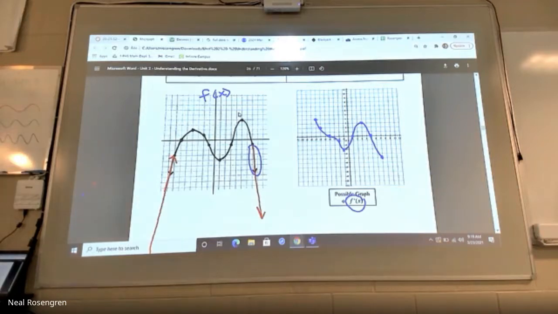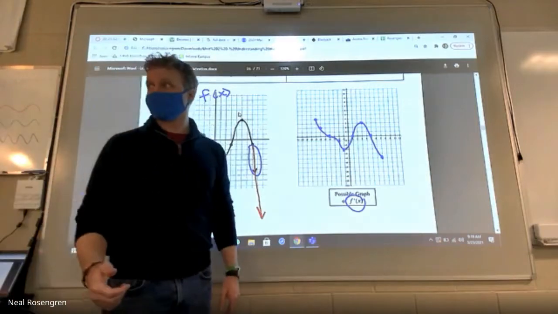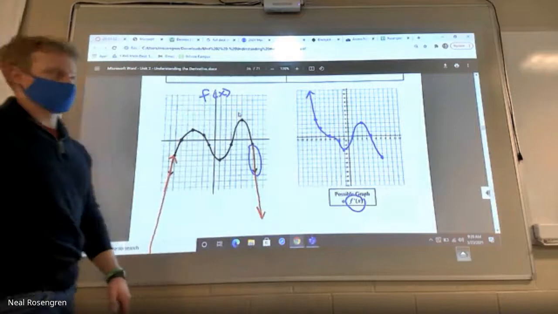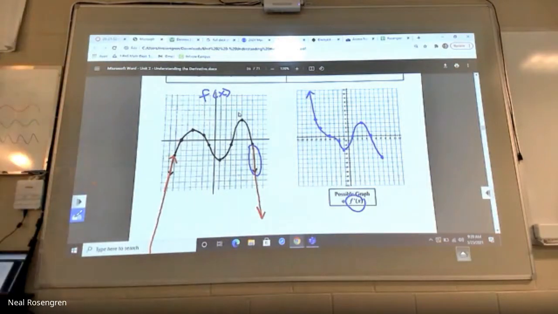Really big numbers in which direction? The positive. What about on the right? Graph is going down really fast. What kind of numbers are we going to get? Really big negative numbers.